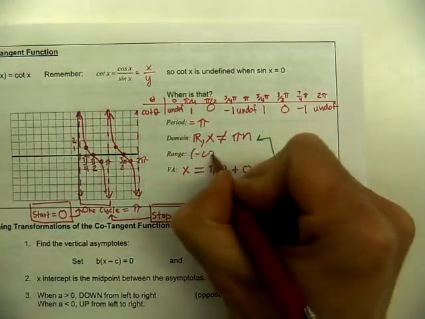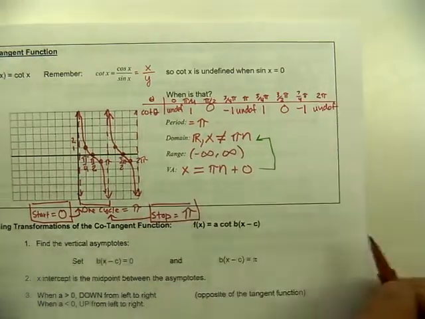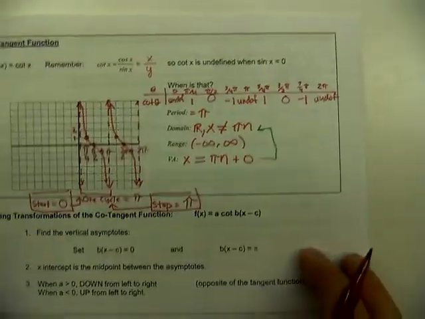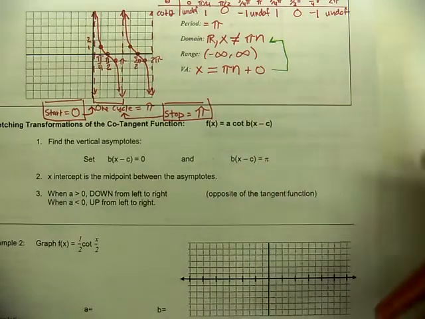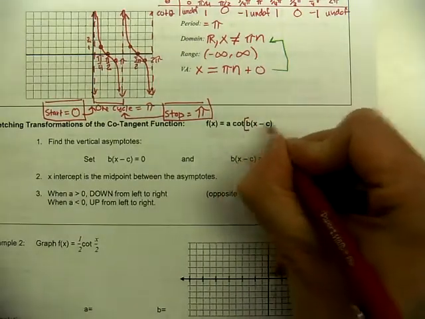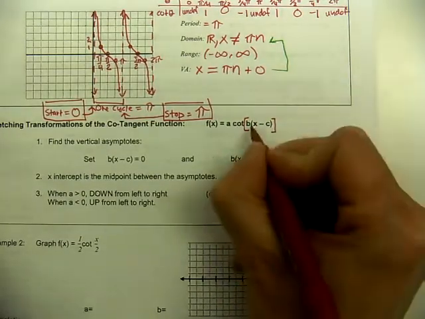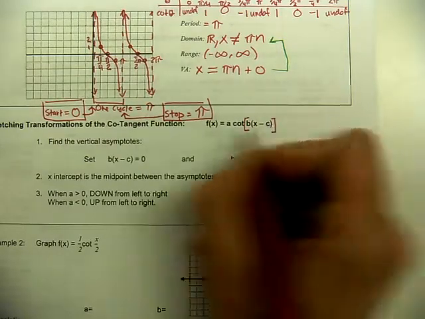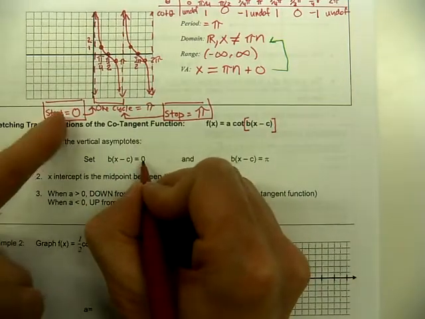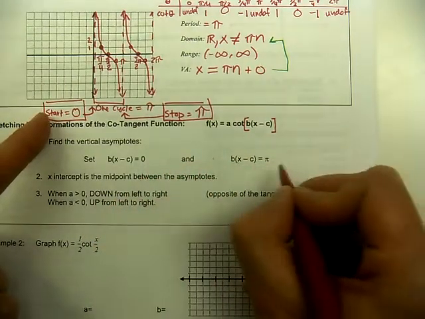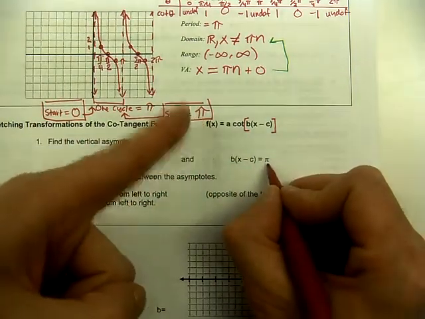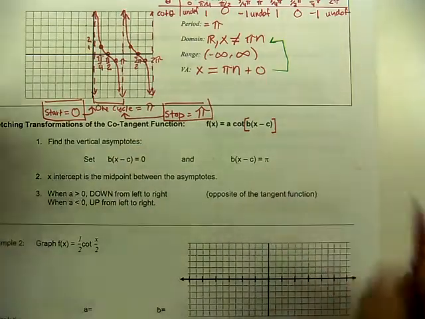And then the range is also all real numbers. Like what we saw before, you're going to take everything that's in parentheses, and what I mean by that is the b and the c, and you'll set that equal to 0, which is our first vertical asymptote, which is the starting point. And you'll set that equal to pi, which is where we stop the pattern, and that's our second vertical asymptote.